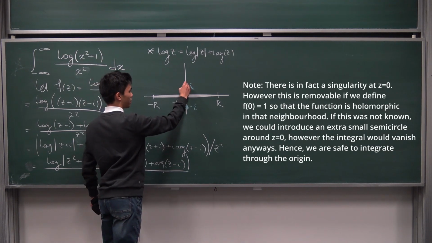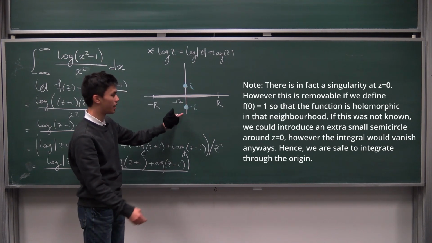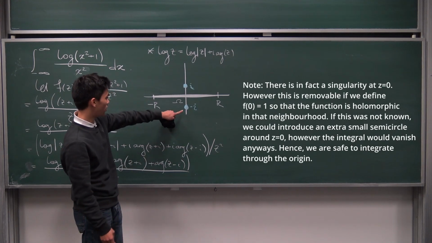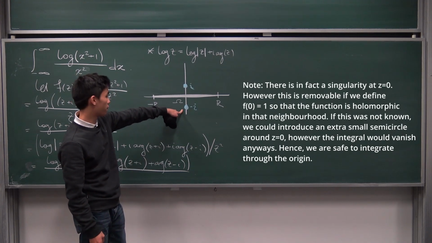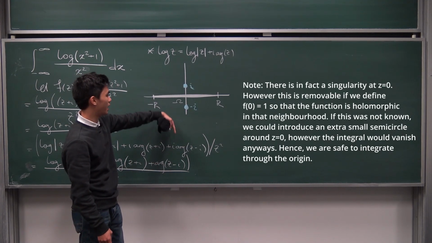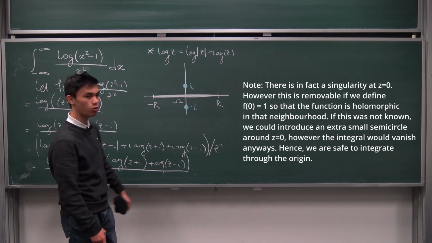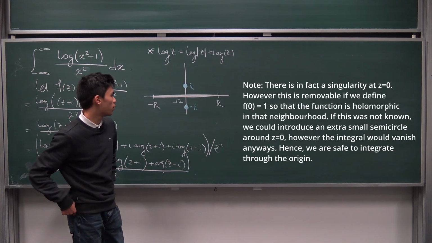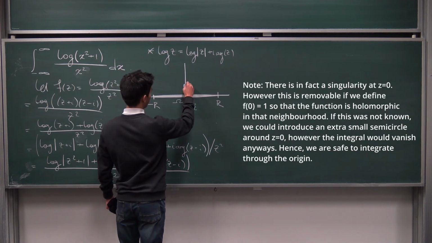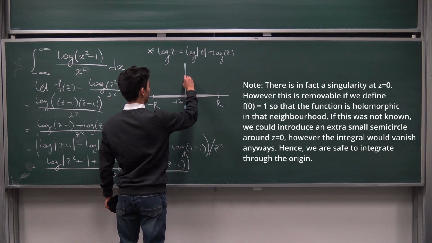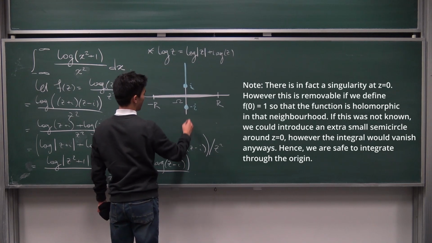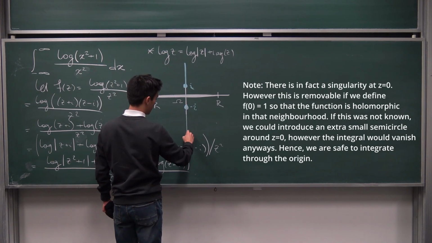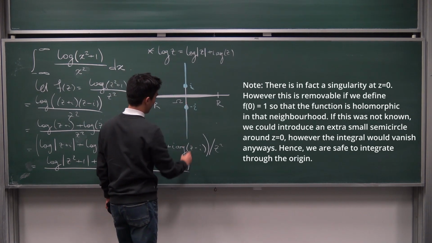So how exactly should we choose our branch cuts? They're going to originate from plus and minus i, and we can choose any direction we want for the branch cuts. Probably the most useful is if we orient the top one upwards like so. So this is our branch cut, and then we have another branch cut that goes down over here. Now, it really doesn't quite matter how you orient it.